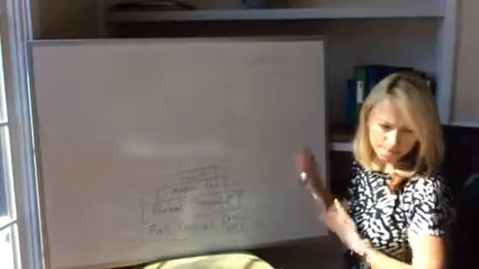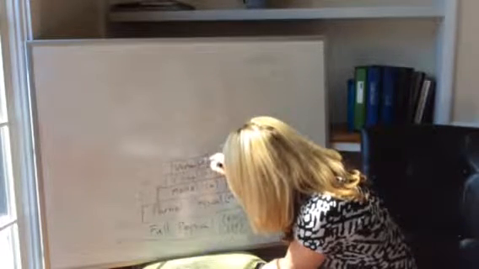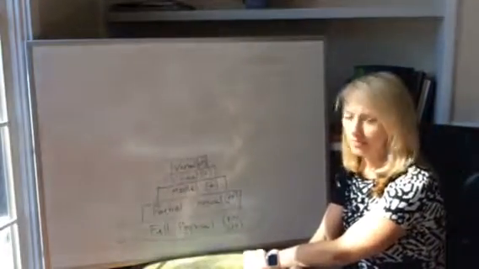Then the next piece is going to be a verbal. That's why I didn't want to do the VP for visual, because I use this a lot, and label it VP for a verbal prompt.